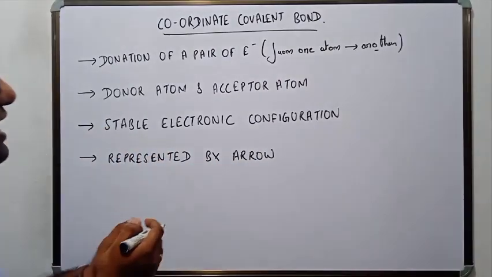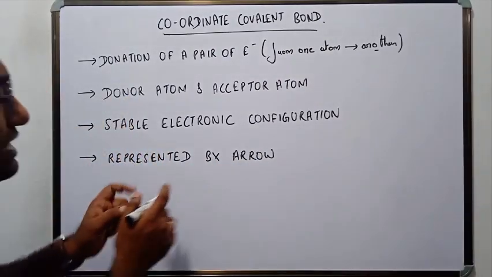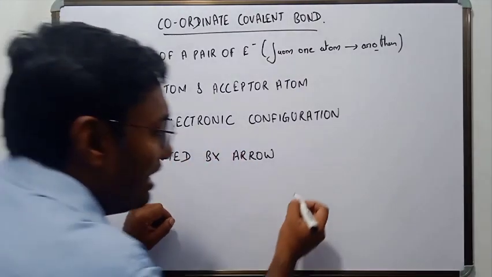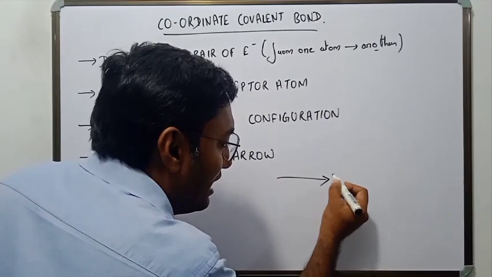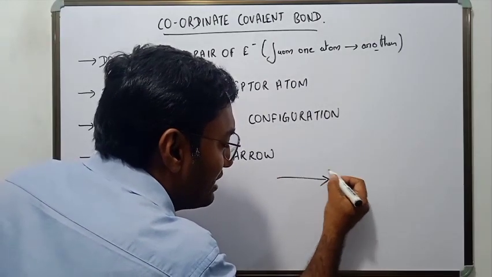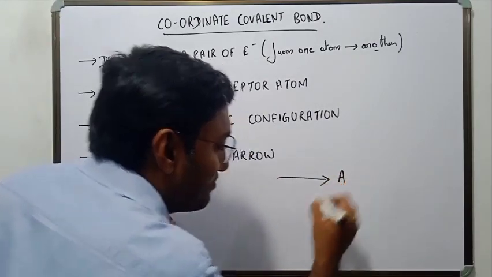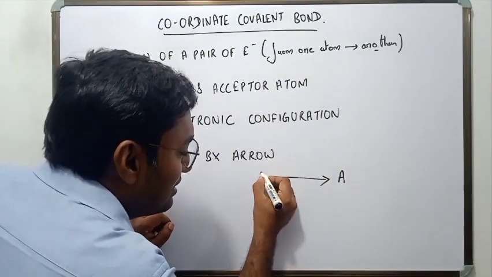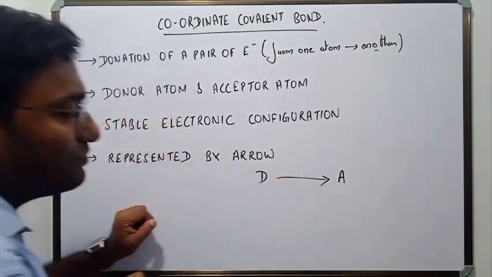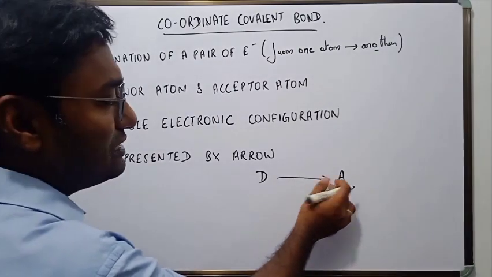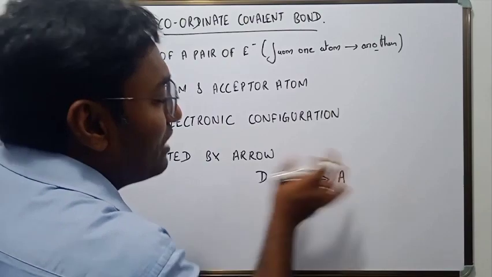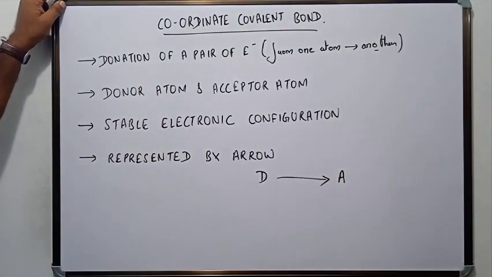And how is it represented? It is represented by an arrow. The head of the arrow is directed towards the acceptor atom, and the tail of the arrow is directed towards the donor atom. The head of the arrow points to the atom which accepts the pair of electrons.